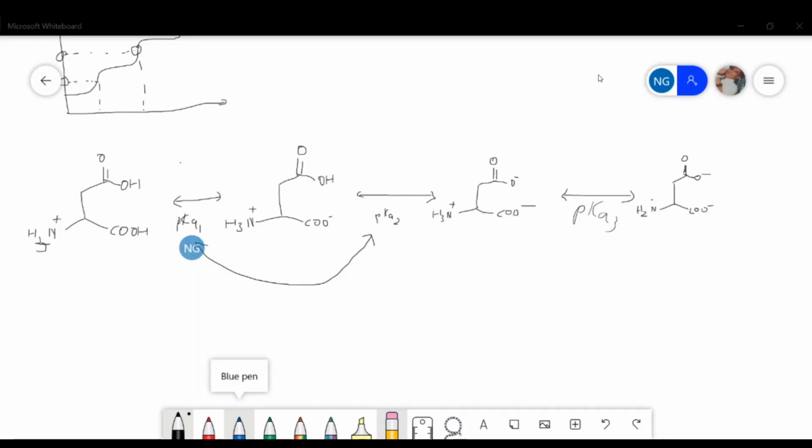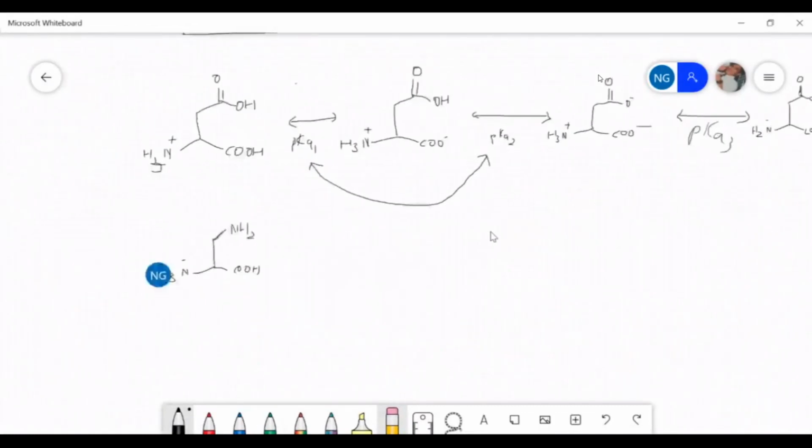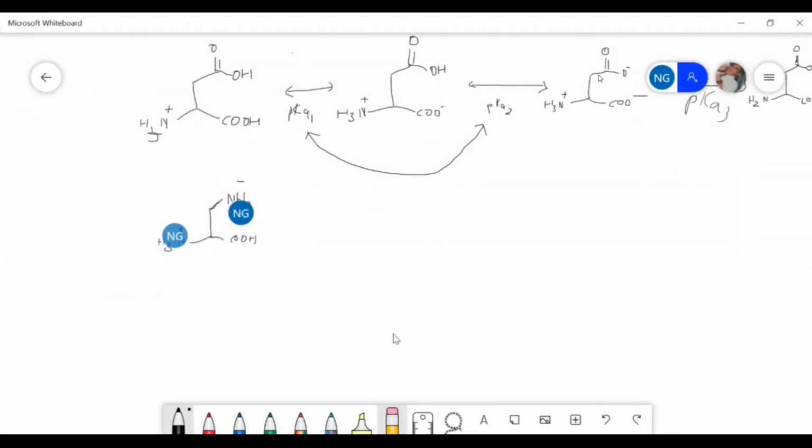It's these two, right? And then if you were to go even further, let's say you have something like this. I don't even know whether this exists. Hold on, which one's more acidic?